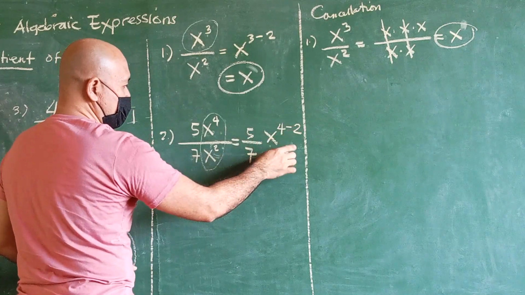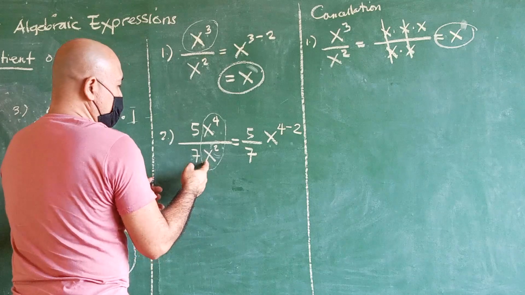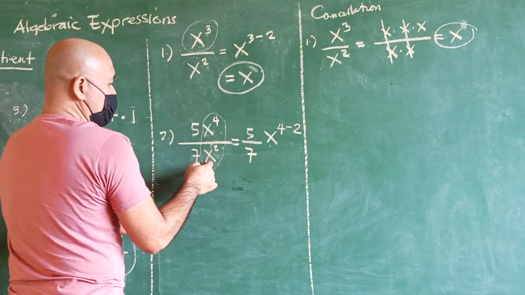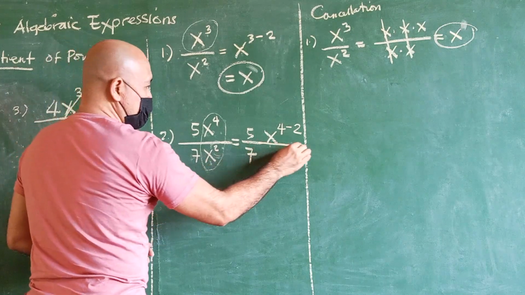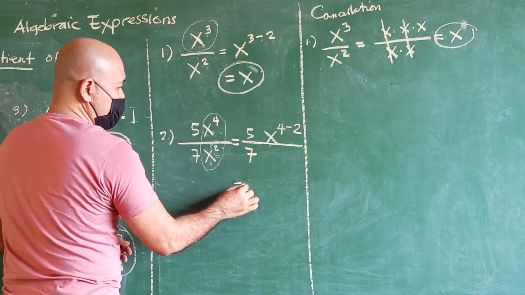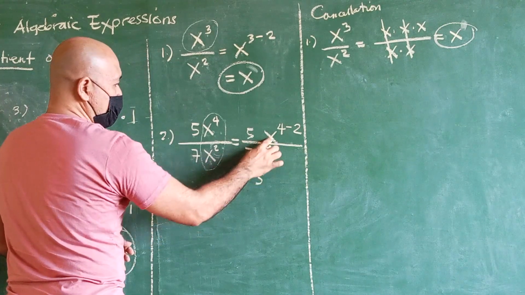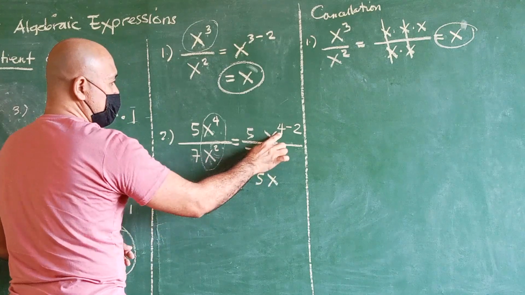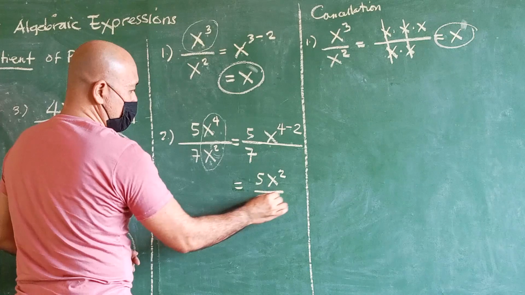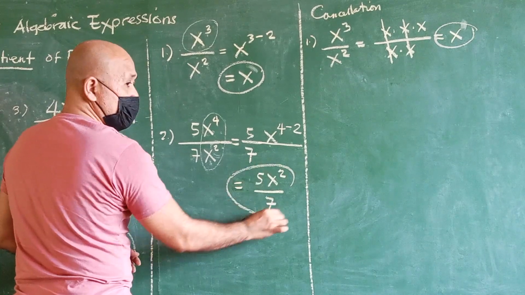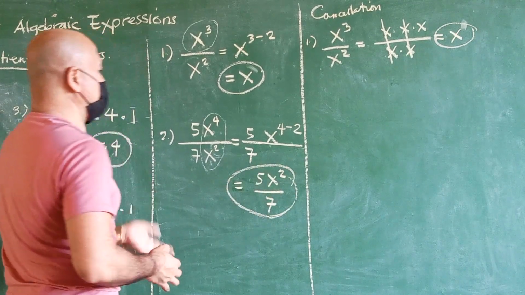When you do this, you are automatically eliminating the variable in the denominator. You can extend this line now, and then just copy 5 and x raised to the power of 4 minus 2, that is equal to 5 over 7 times x squared. So this is your answer under this one.